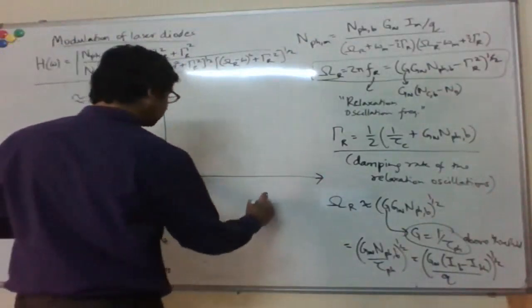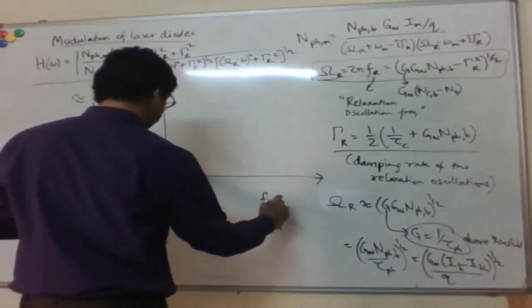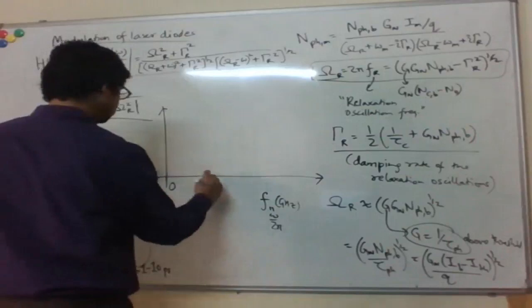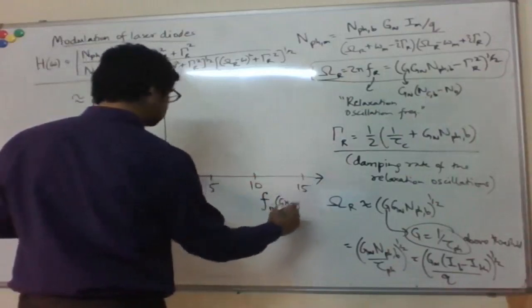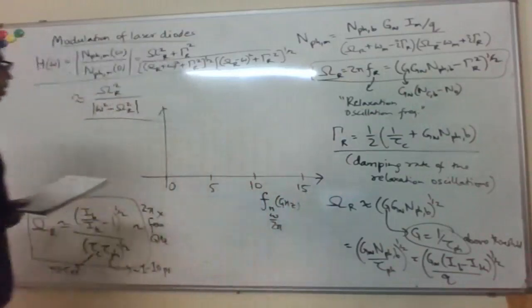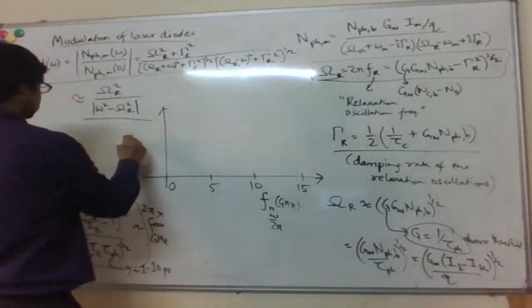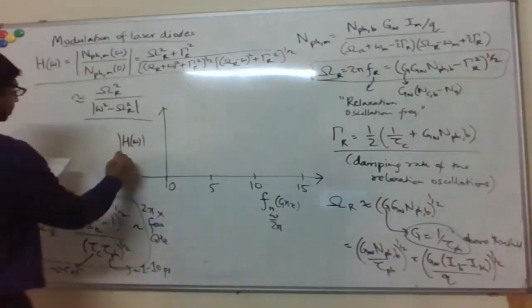Okay, so here we have the modulation frequency f, which is omega over 2 pi in gigahertz. And I'm plotting its transfer function magnitude in dB.